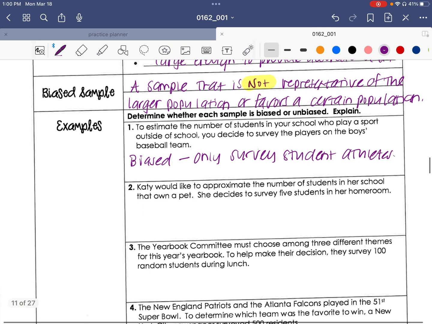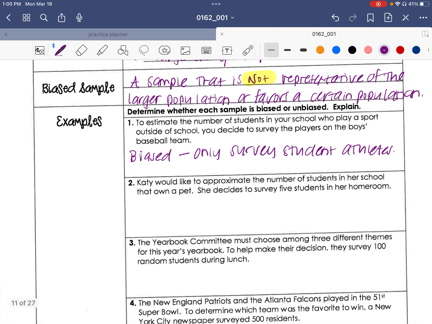Katie would like to approximate the number of students in her school that own a pet. She decides to survey 5 students in her homeroom. This is again biased. Too small of a sample size.